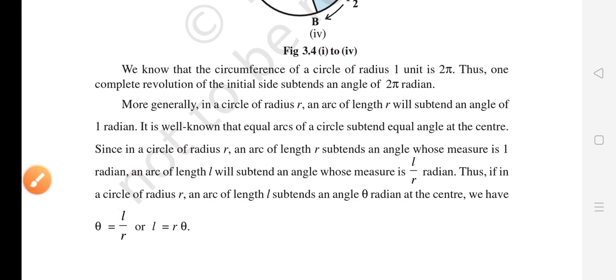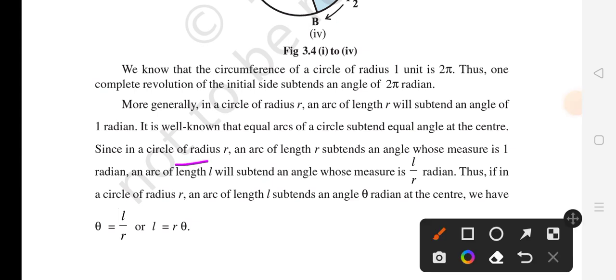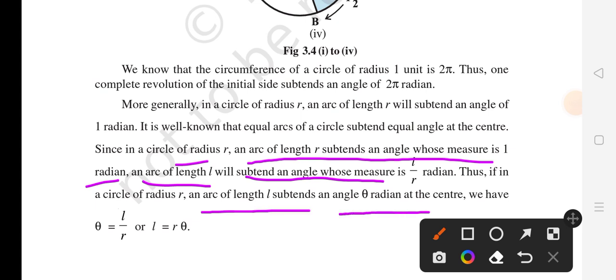Further, in a circle of radius r, an arc of length r subtends an angle whose measure is 1 radian. An arc of length L will subtend an angle whose measure is L by r radian. So in a circle of radius r, an arc of length L subtends an angle theta radian at the center; then theta equals L by r.